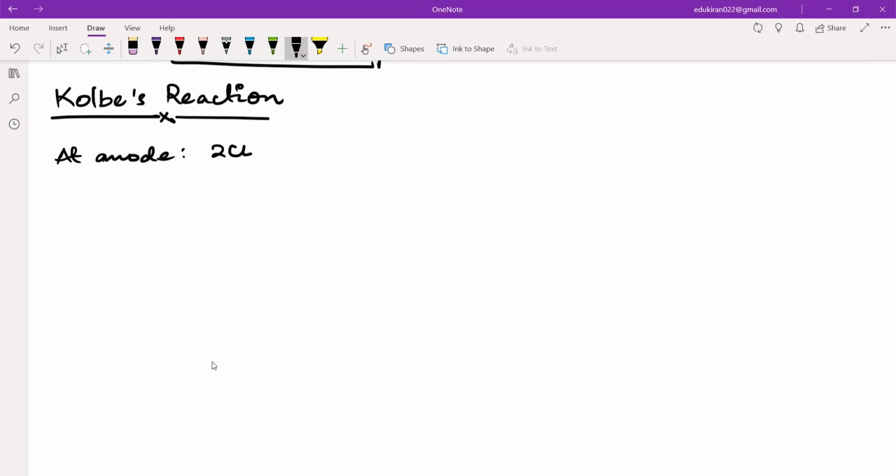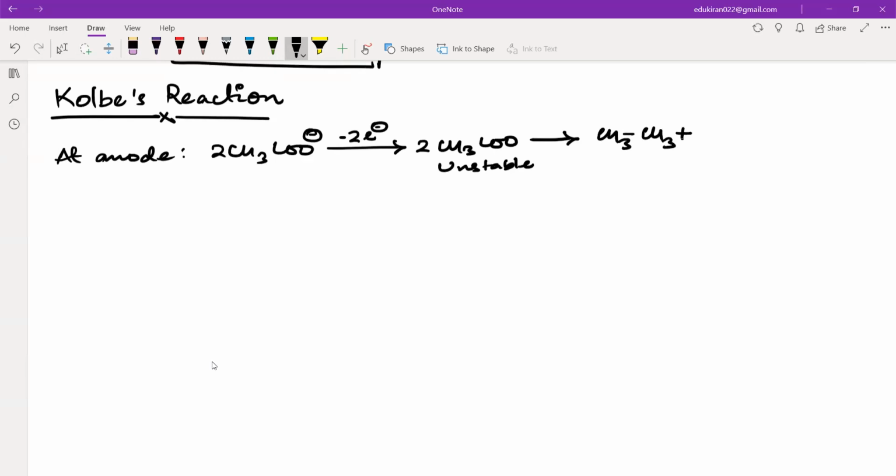At anode, we have 2 CH3COO negative. There will be oxidation, that is 2 electrons will be removed. You will form 2 moles of CH3COO neutral. Because this is unstable, it is going to form CH3-CH3, that is ethane, plus 2 moles of carbon dioxide. This is the reaction at anode.